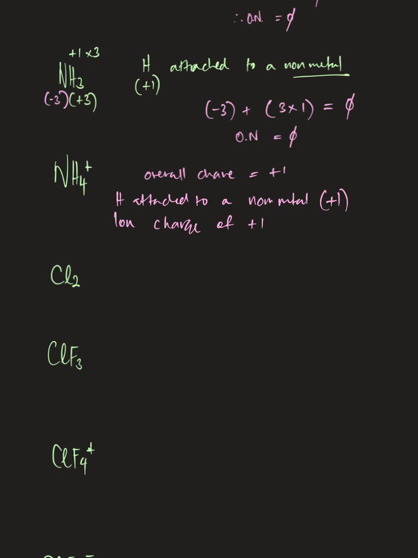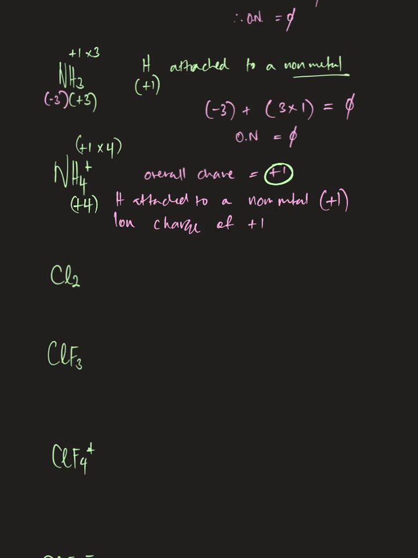So now let's have a look at what's happening here. I've got NH4 and I've got 4 hydrogens here, right? So I've got a charge here of +1 times 4, so I'm sitting at +4. Now I want my overall charge to be +1.